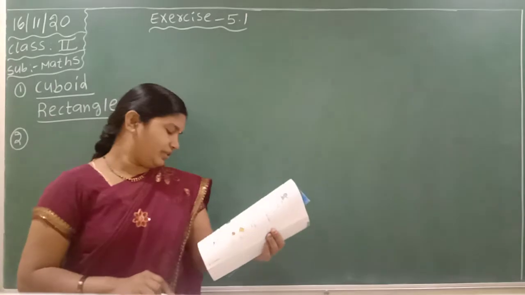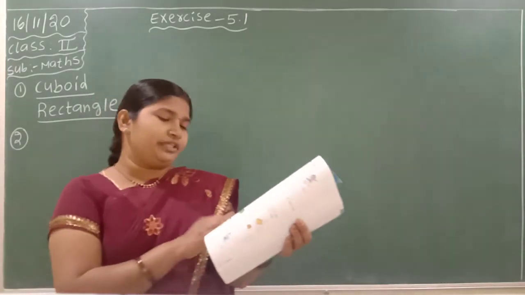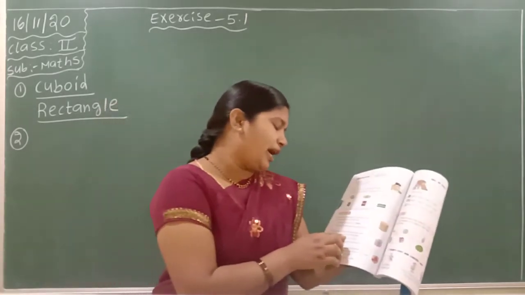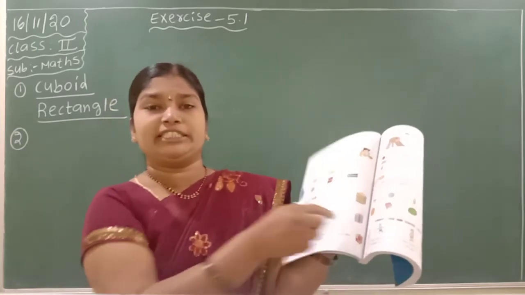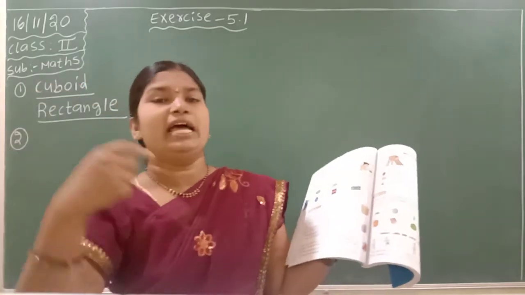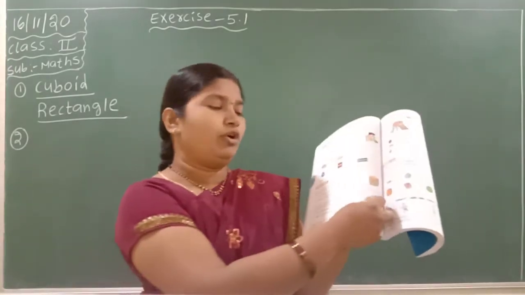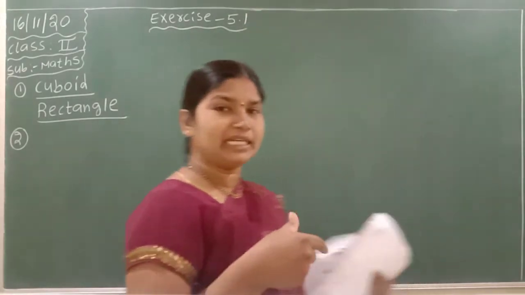Second one. Ask your parents to give you 10 five-rupee coins. Keep all the coins one on top of the other. Here they are arranging 10 five-rupee coins and asking what shape do you get. It is in the shape of a cylinder.